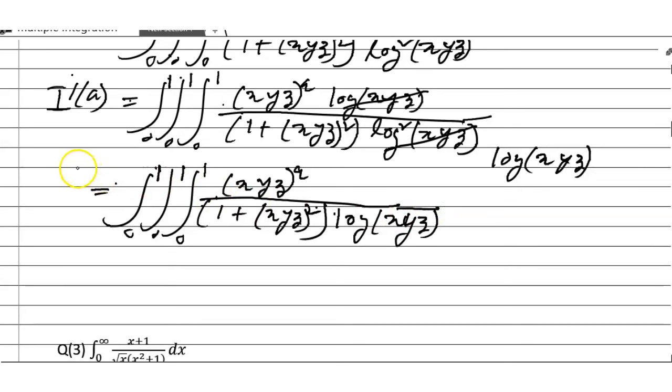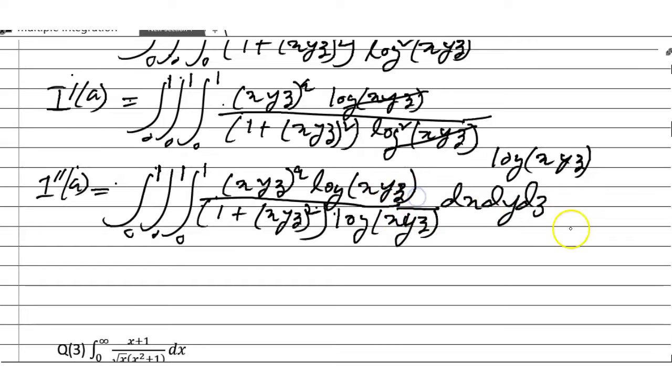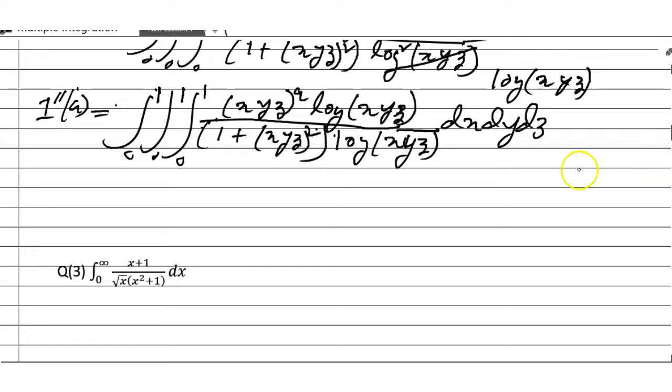and I will differentiate another way, the double derivative I double dash a, into dx into dy into dz. So I get another log xyz, and this portion and this portion cancel.